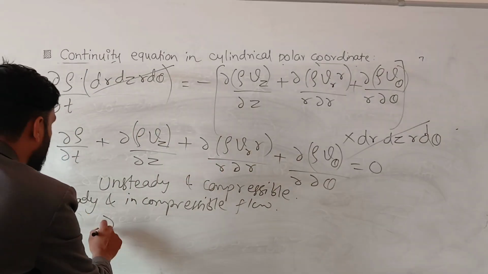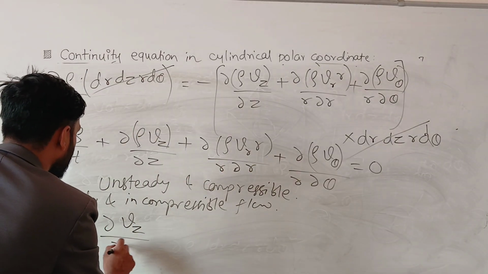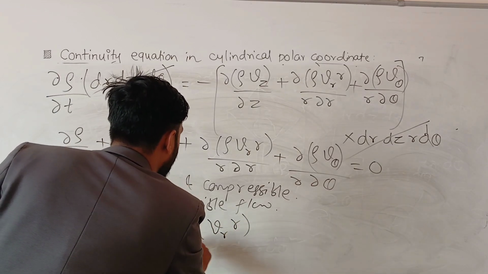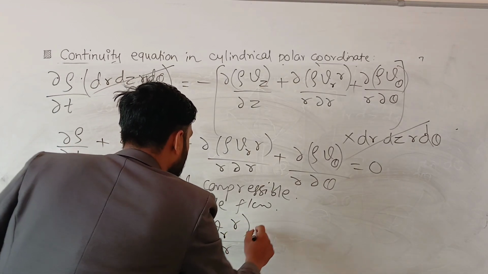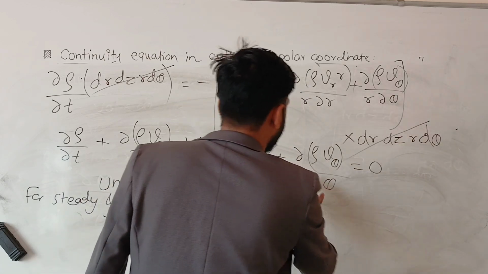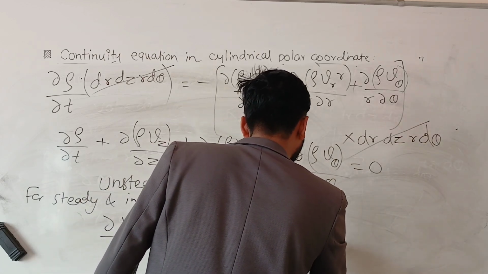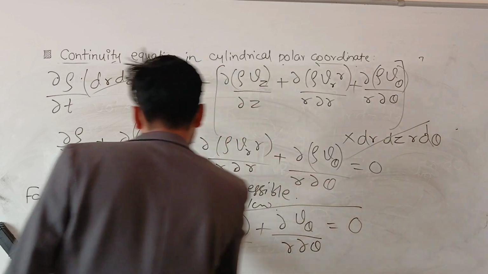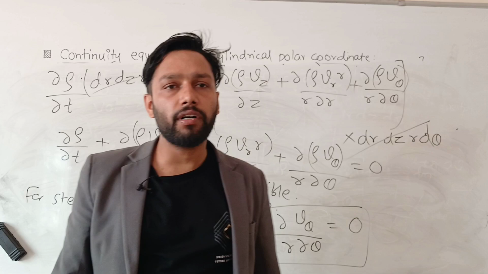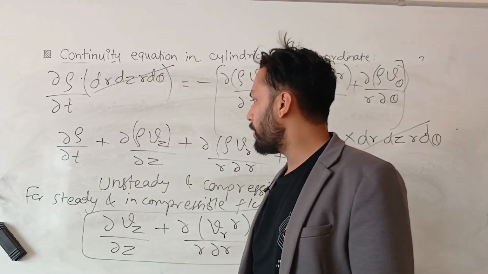So that is del Vz by del z plus del Vr into r divided by r del r plus del V theta by r del theta is equal to 0. This is the final expression of the continuity equation in polar coordinate system.